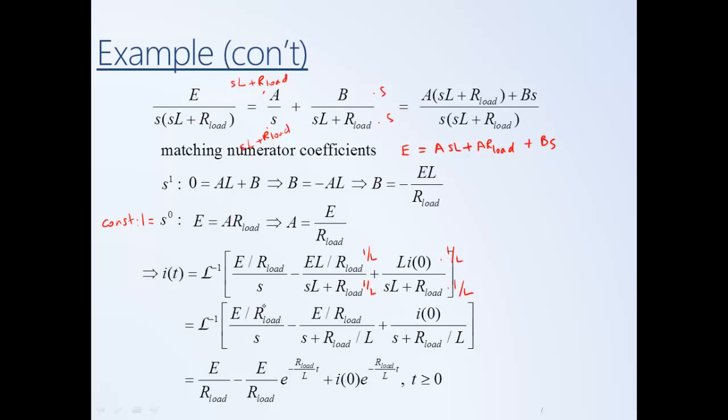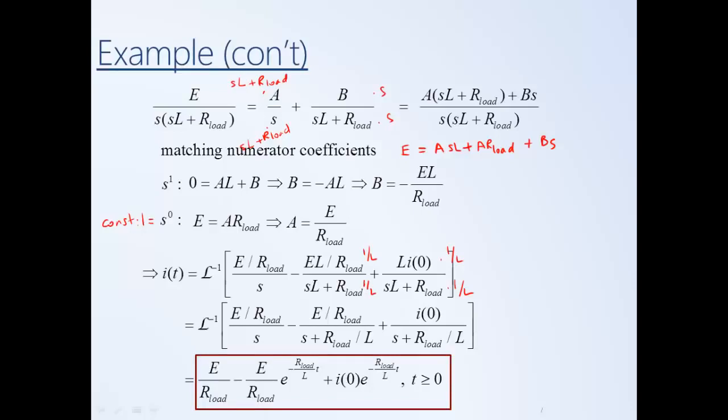This is a step, but since we don't consider our function to begin until t equals 0, we can also just write it as a constant starting at t equals 0. So this is the behavior of the current through our circuit, or through the inductor, once the switch is opened.